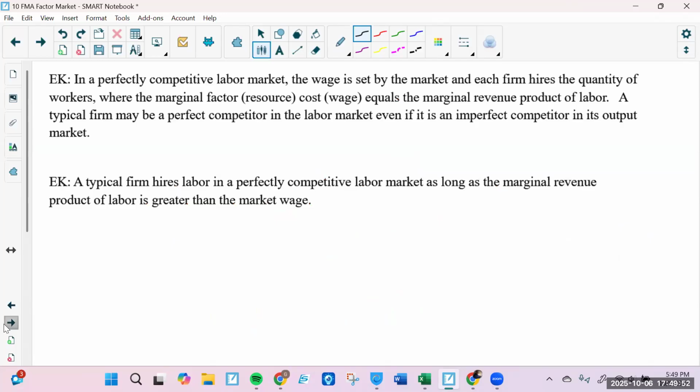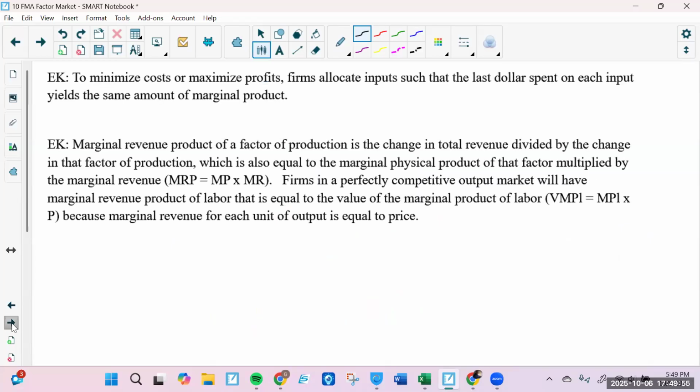So, to minimize cost or maximize profits, firms allocate the inputs, meaning workers, such that the last dollar spent on each input yields the same amount of marginal product. Okay. What this is saying here is we actually want to hire where the last dollar spent on each input yields the same marginal product.